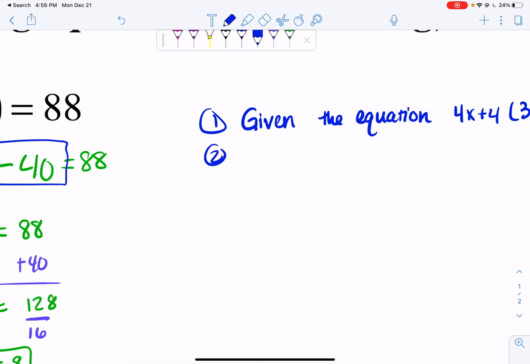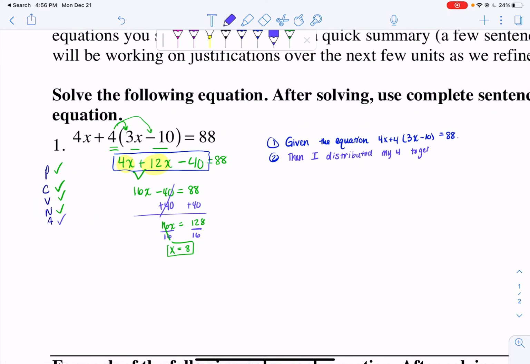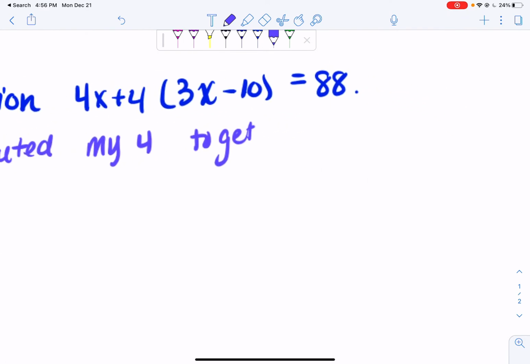Then I distributed my 4 to get 4x plus 12x minus 40 equals 88.